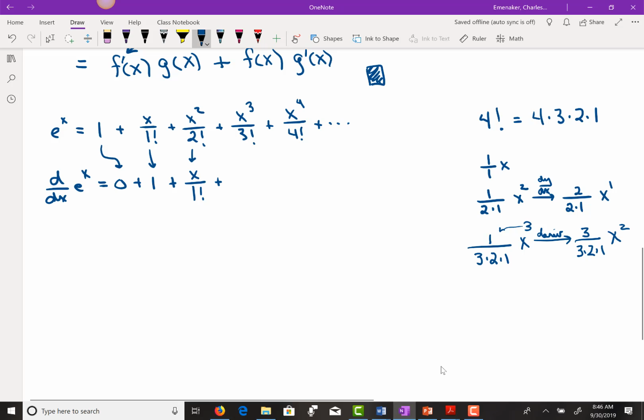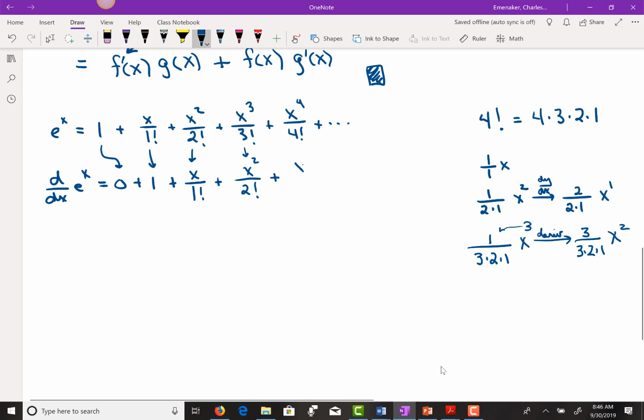The second. What'll cancel there? The 3's will cancel, and you're left with 2 times 1, aren't you? So that's going to give you 2 factorial and an x squared. Anybody willing to take a guess at what the next term is going to look like? It's x cubed over 3 factorial, isn't it?